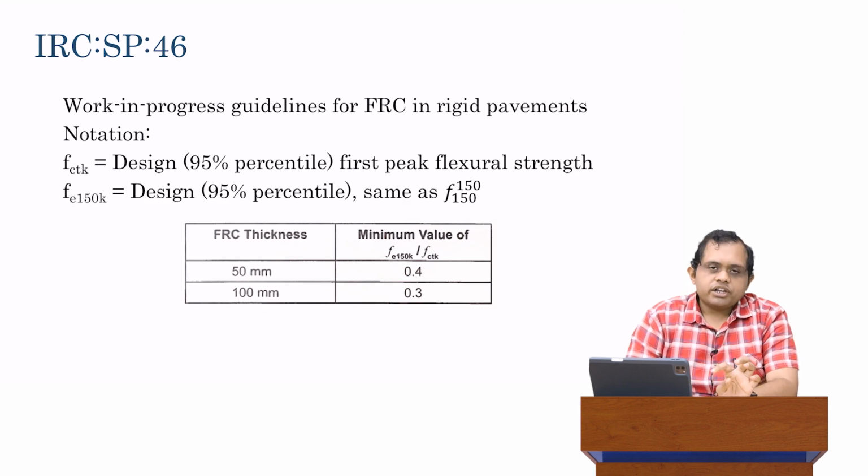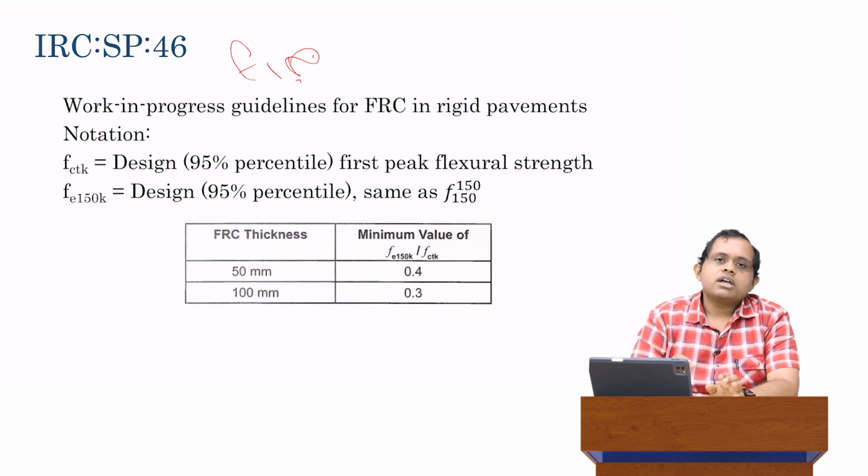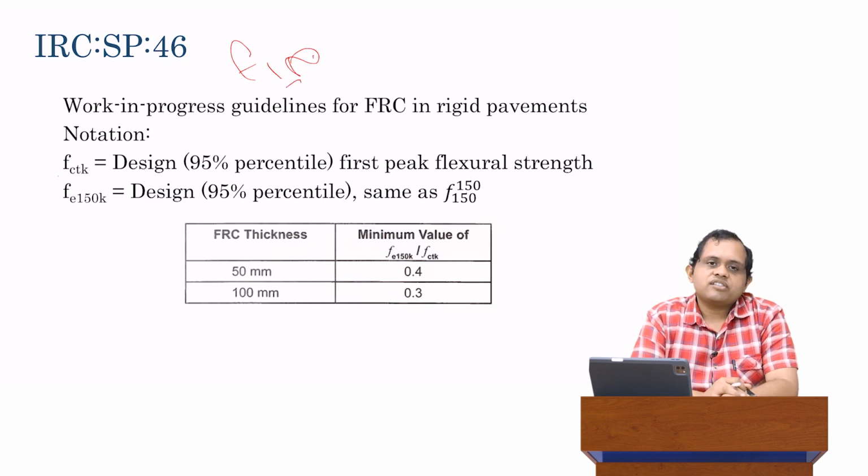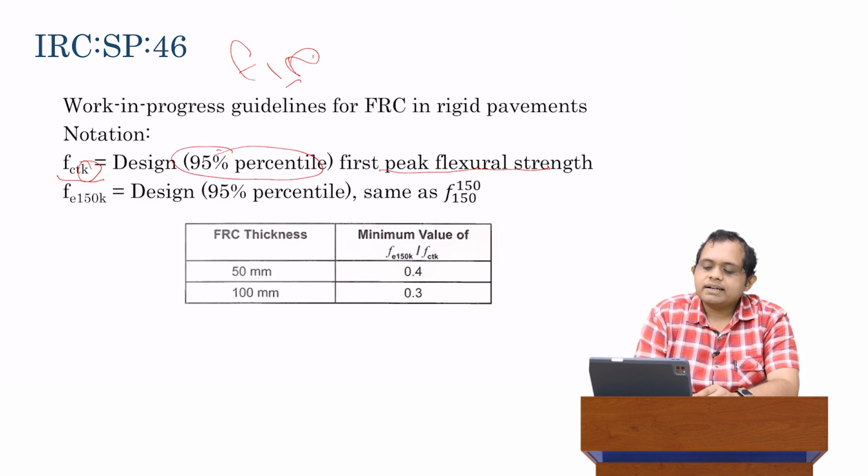Now, one little piece of notation. The notation I showed you previously, which was this F150, R150, etc., that is the notation from ASTM C1609. IRC SP46 makes a slight deviation from the notation, but it's not too serious, but I just want to point out the difference. It defines something called an FCTK, which is that flexural strength. K here represents characteristic, so it's the 95th percentile flexural strength after the first week.